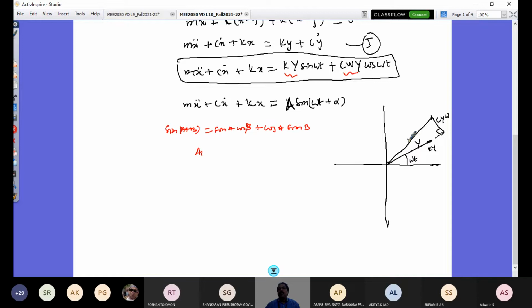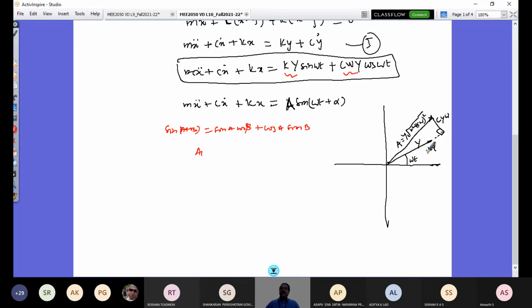So this is 90 degrees, and this is going to be now the amplitude A. And this amplitude is equal to Y into the square root of k squared plus c omega whole squared, right? So this is as far as the road excitation is concerned.